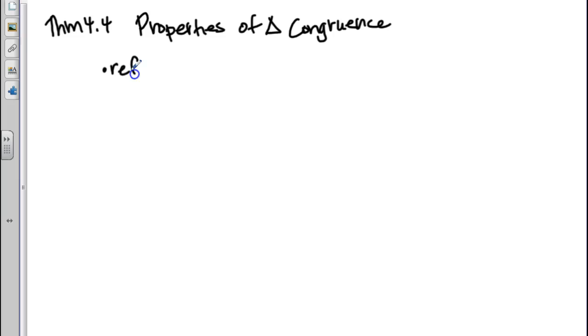Properties of triangle congruence. All right, reflexive property. Triangle ABC is congruent to itself.